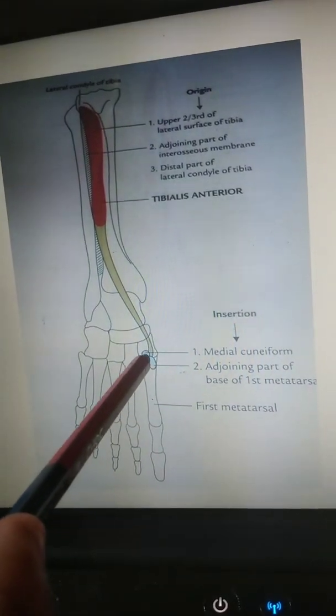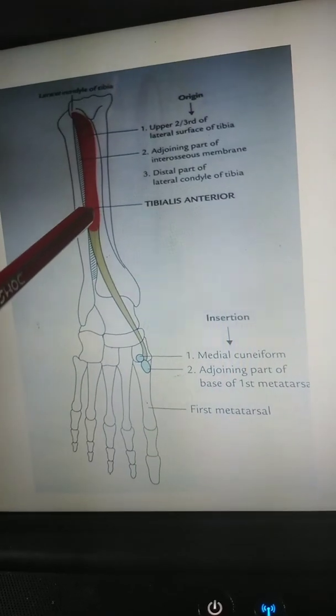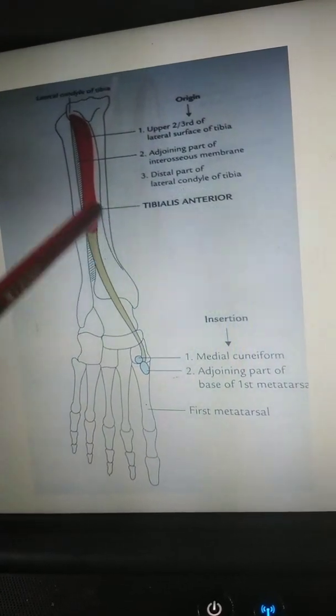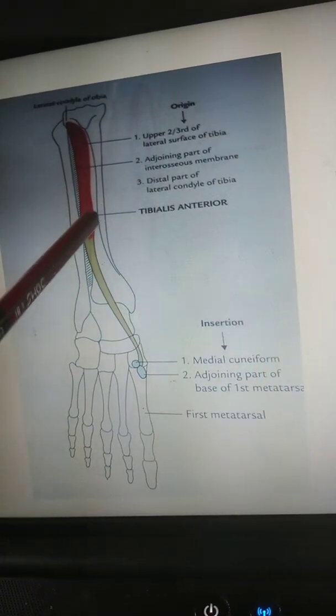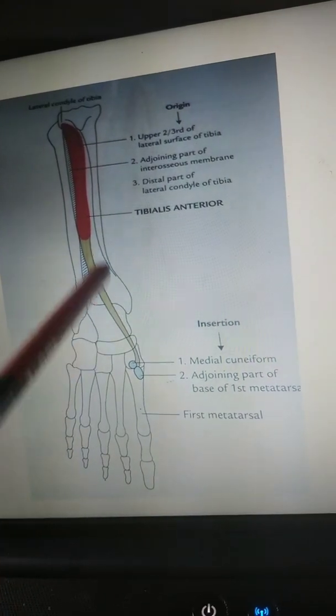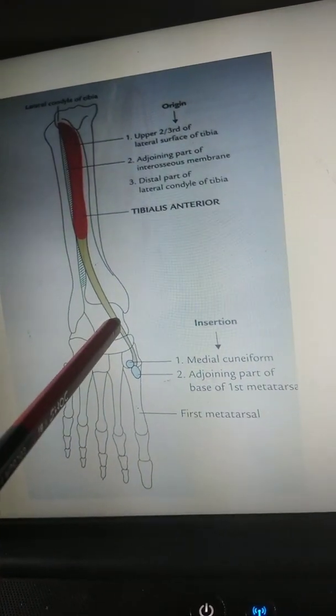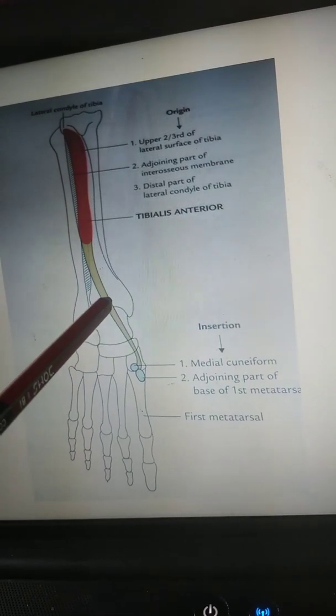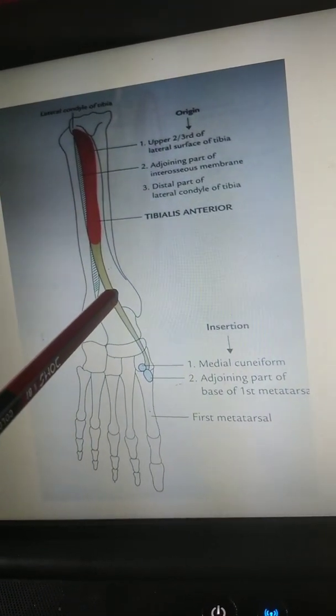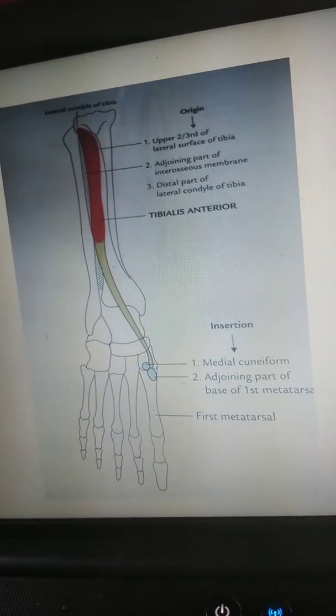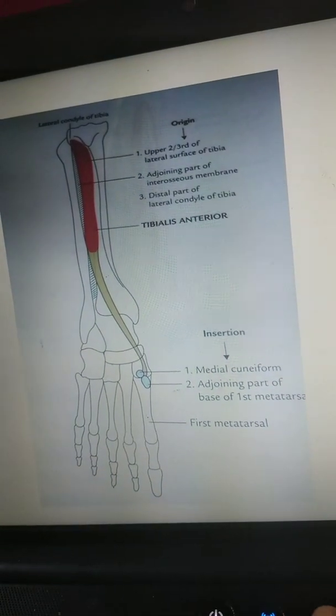It is supplied by the deep peroneal nerve. It is the chief dorsiflexor of the foot at the ankle joint. It maintains the medial longitudinal arch, and it acts as an inverter of the foot at the mid-tarsal and subtalar joints.